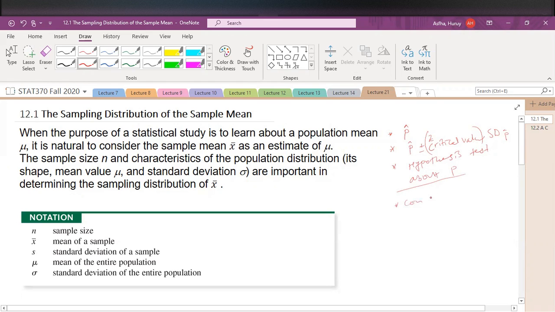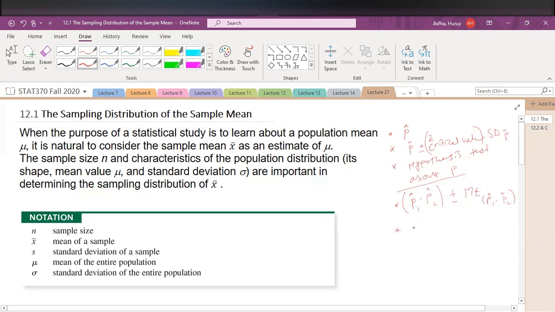And later, we learned the confidence interval for the difference of two population proportions, and that was p hat 1 minus p hat 2 plus or minus the margin of error of p hat 1 minus p hat 2.